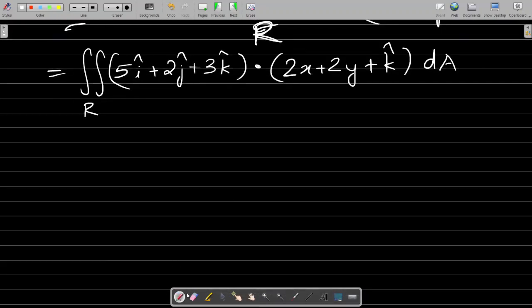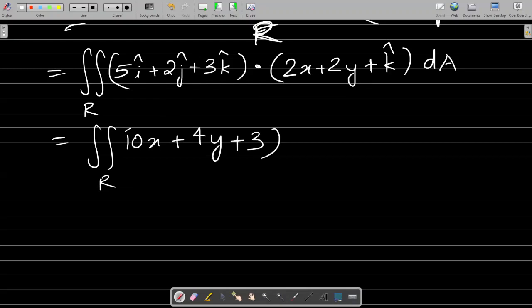So that is equal to the double integral over R of 5 into 2x plus 2 into 2y plus 3 dA.